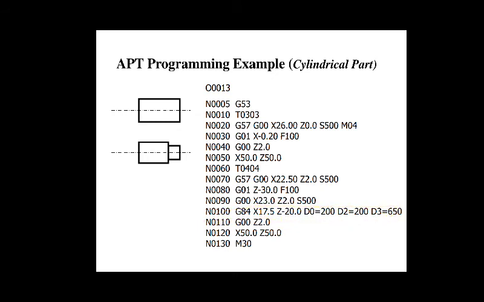G84 is the turning cycle for machining the step, and X17.5 is the final diameter which is required over here. X17.5 and Z is minus 20.